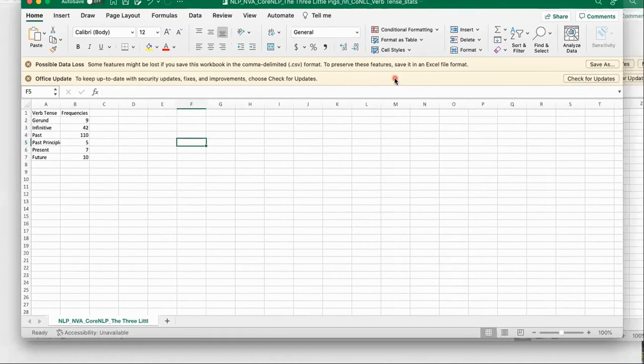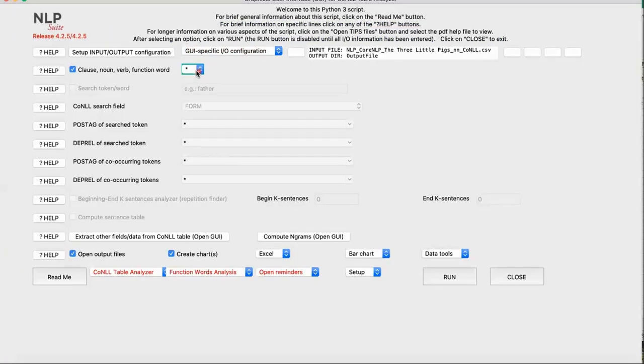The verb tenses that are analyzed are gerunds, infinitive, past, past participle, present, and future, and their frequencies are listed here. To the right, this selection allows you to choose whether you want all of the analysis tools or only clause, noun, verb, or function word analyses.